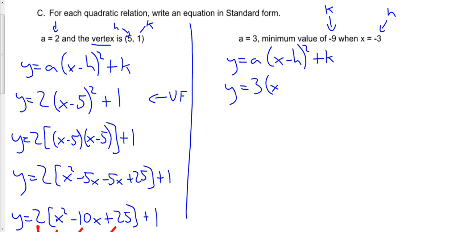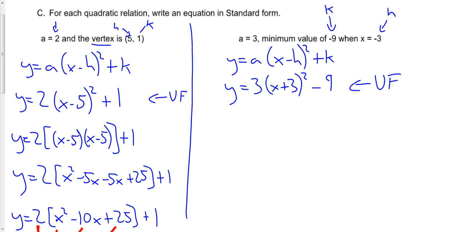If I substitute that in, I get negative 1 times negative 3, and that equals positive 3, and that's all squared. My k value is negative 9, so I can put in that negative 9. This piece right here represents the vertex form of this particular equation. Now I want to expand out the binomial in the middle and convert this from vertex form into standard form.